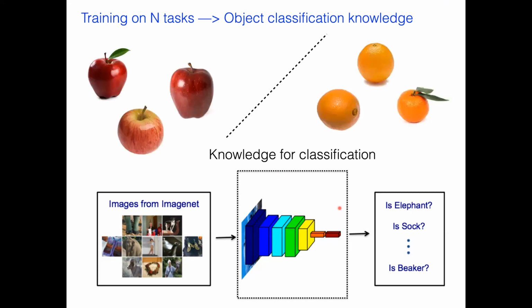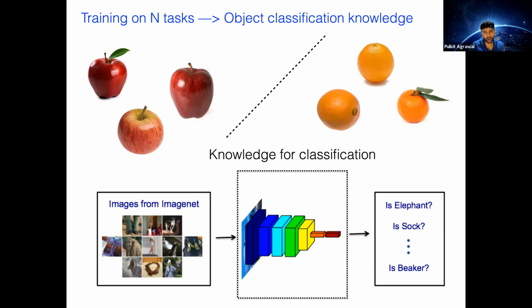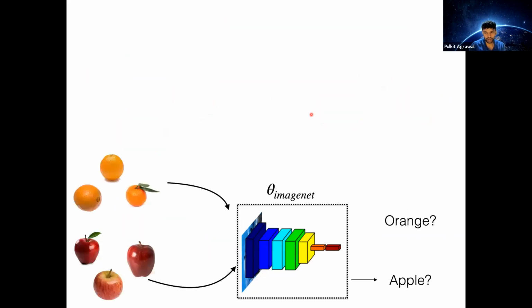But now suppose we have a new task, and I want to discriminate between apples and oranges, right? So what can we do now? Essentially, given one image of either an apple or an orange, I want to classify: is it an orange or is it an apple, right? That's the question that we're dealing with.